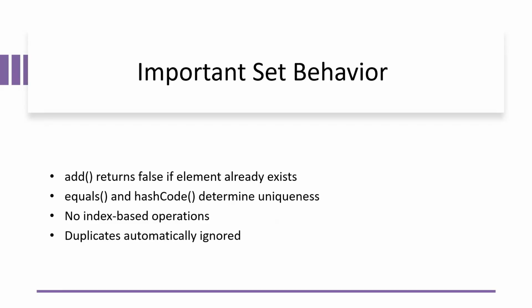So you're basically taking the attributes and hashing them. And if the values are equal and the hashCodes are equal, then it's a duplicate. There are no index-based operations. Duplicates are automatically ignored. Yes, I think this is about the third time I'm saying this.